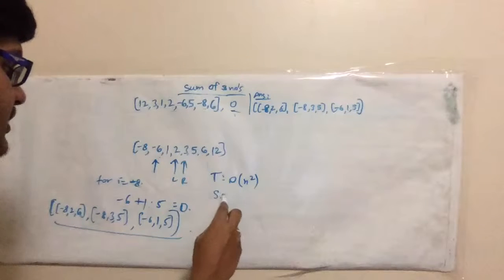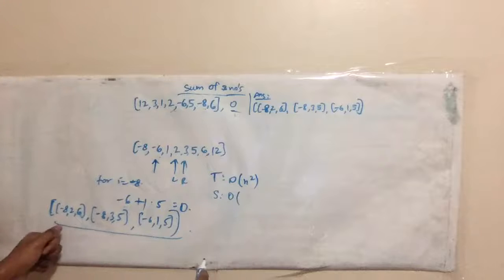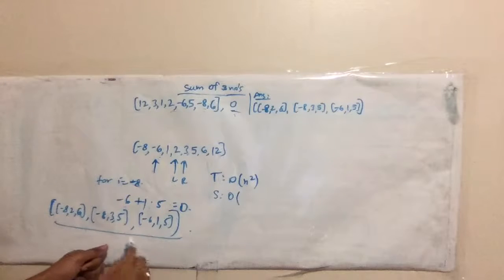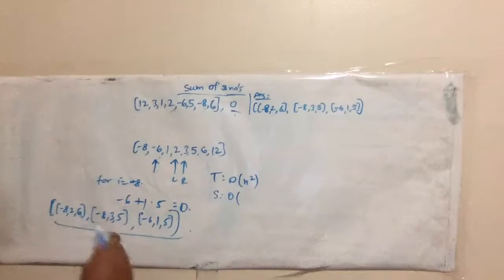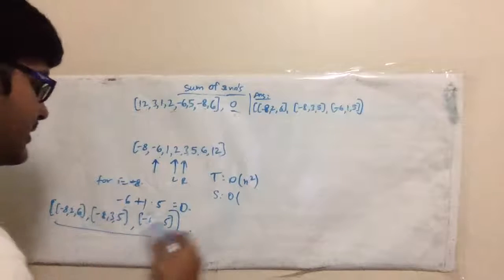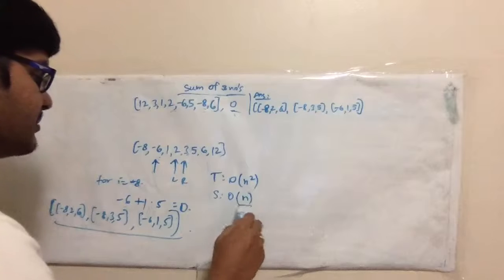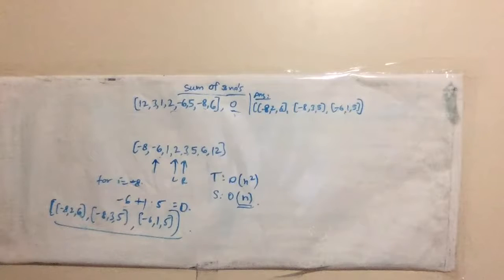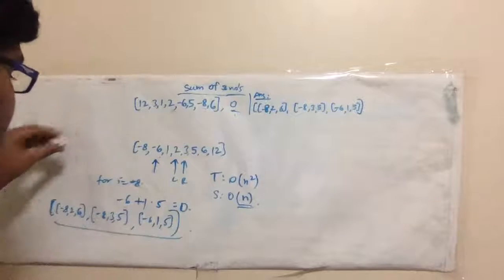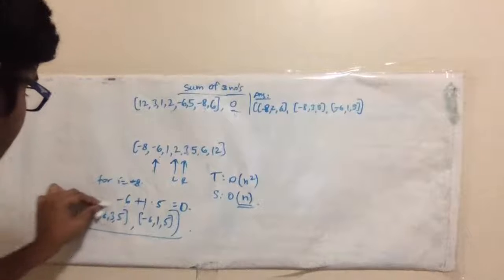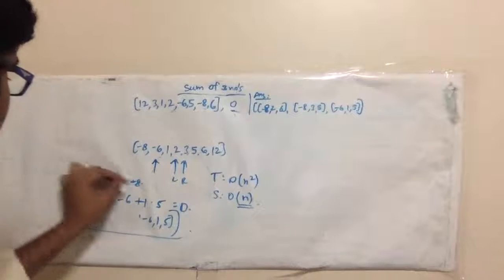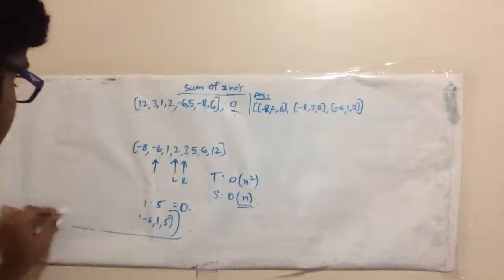Space complexity is because it is storing the numbers, the resulting list, so it is taking O(n) space too. Okay, so we will talk about the actual implementation of this in Python.